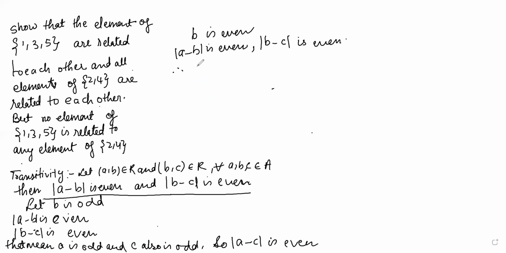That means, beta, A is even, and also C is even. So here A is even and C is even. Therefore A minus C is even.